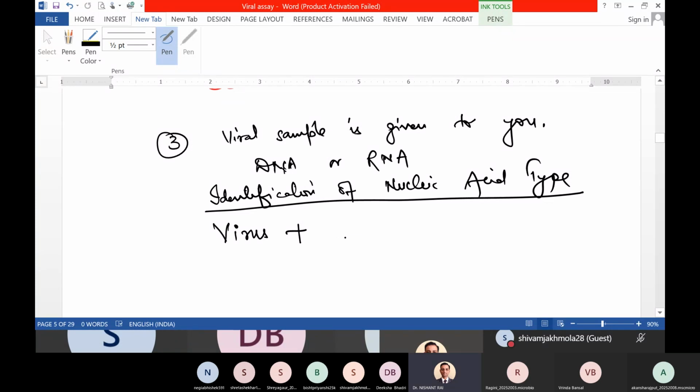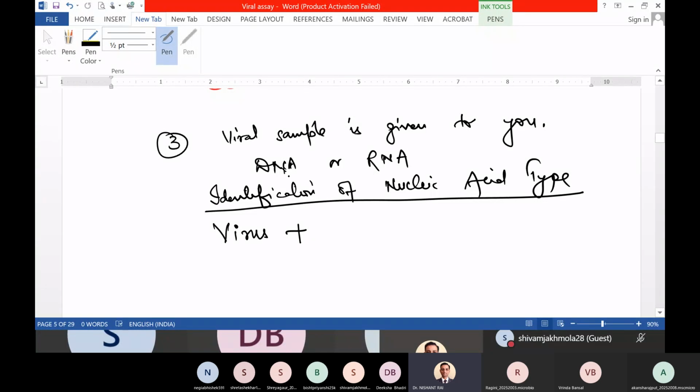What will you mix the virus with, treat it with, what could it be? Sir, I think nuclease enzyme. Okay, absolutely right. It means the approach is absolutely right. Since we are trying to identify the nucleic acid, obviously we will take an inhibitor which will inhibit either DNA or RNA.